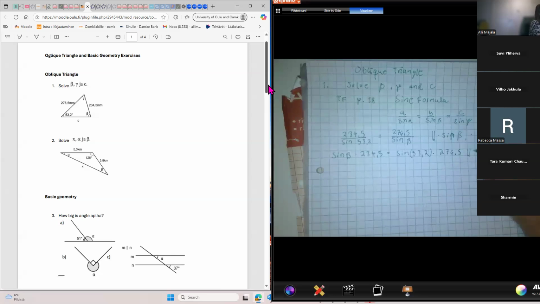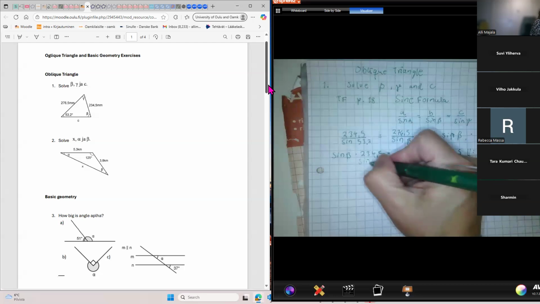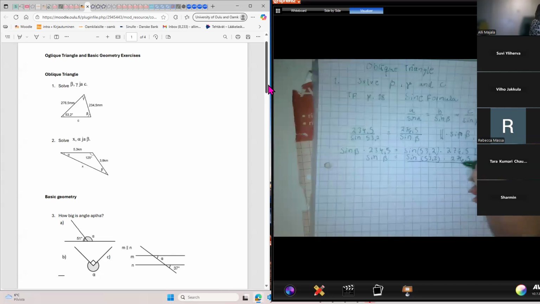And I could divide with the number, so I get only the sine beta here. So here I have the sine 53.2 and then 276.5, and under here I have the other number that I divided with.